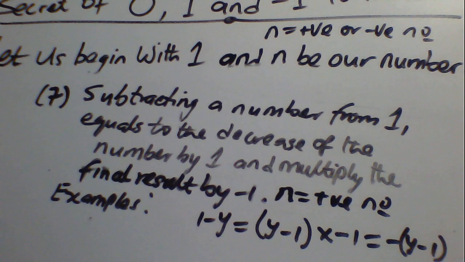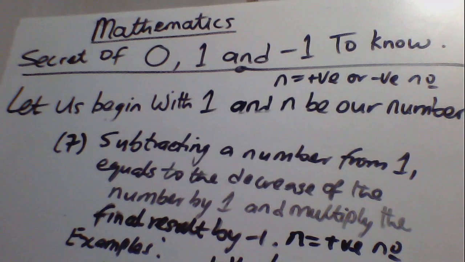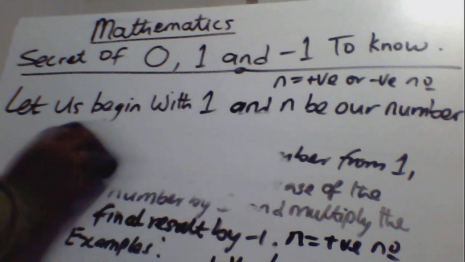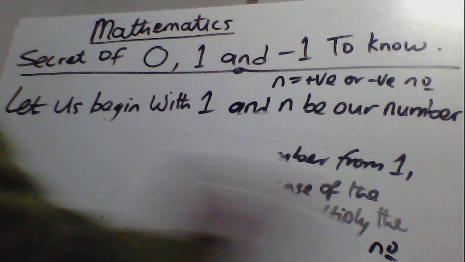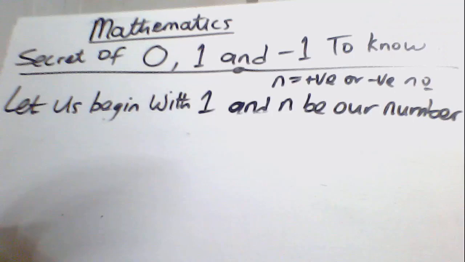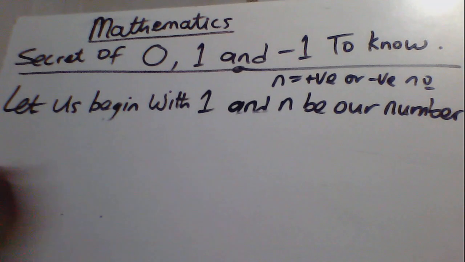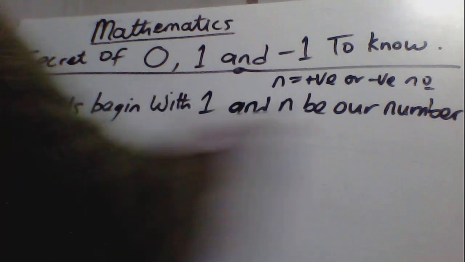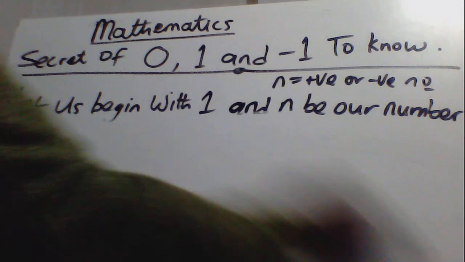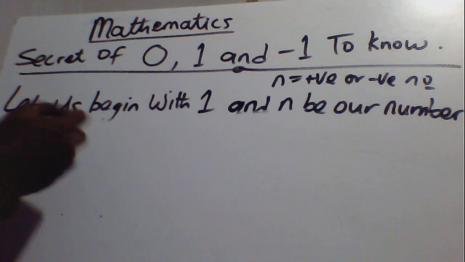So let's look at the 8th one, a secret you have to know about number 1 before we move into the next, which is minus 1. The 8th is subtracting a number from 1, in this case when the number is a negative number.